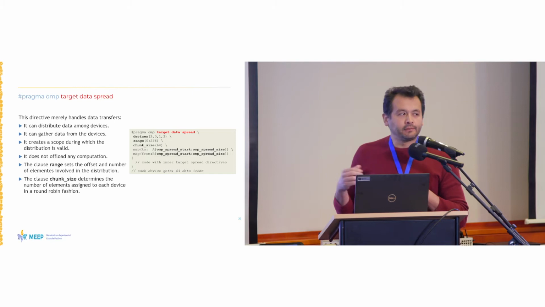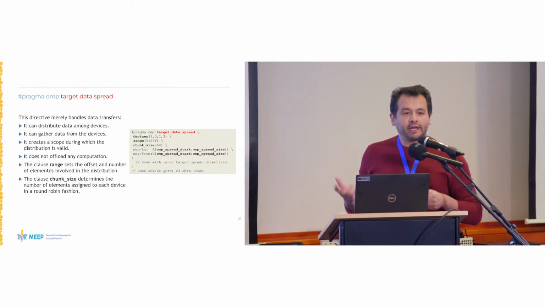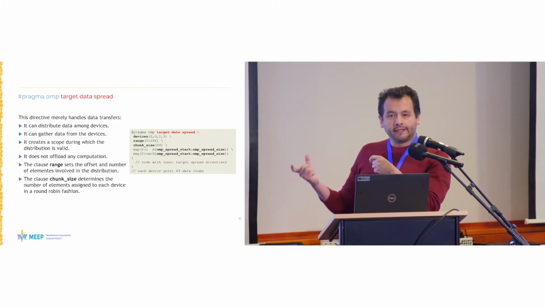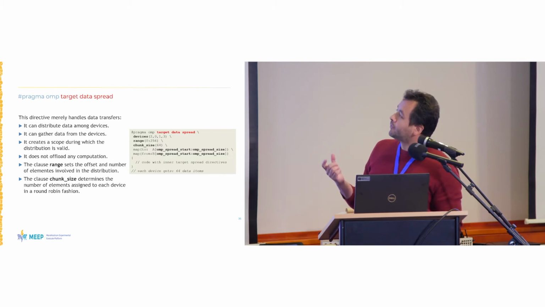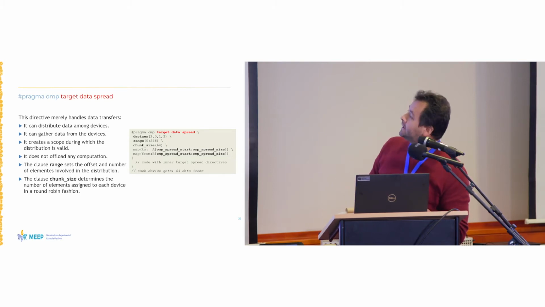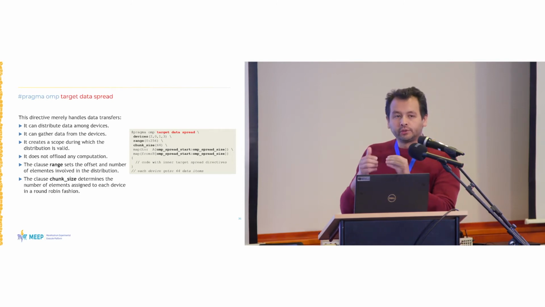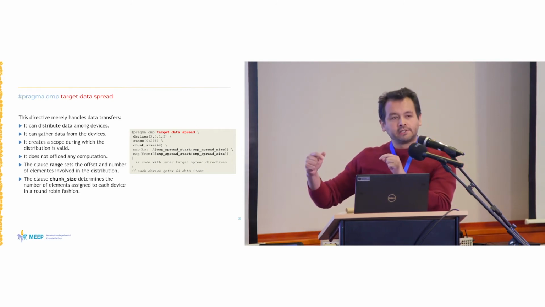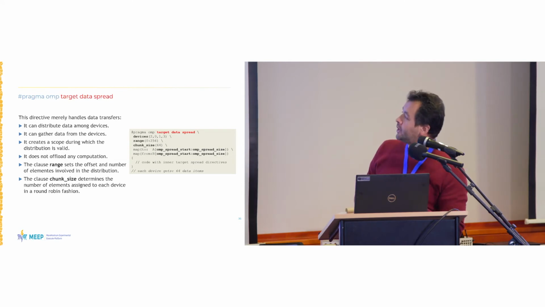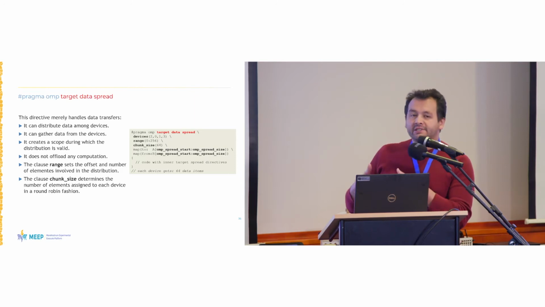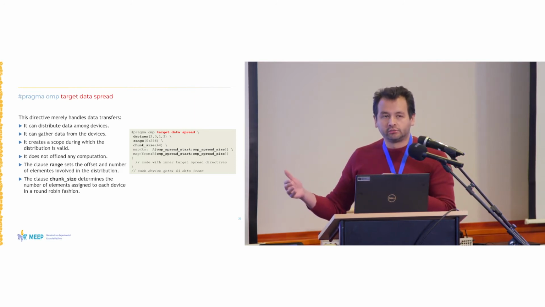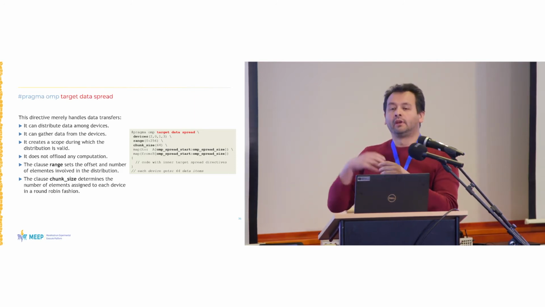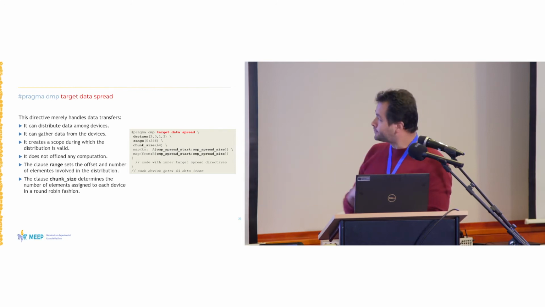This is a data directive that doesn't execute anything in the device. So we have created a new clause called range that allows the programmer to specify the range where we are going to distribute, and a new clause called chunk size that specifies how big these chunks are. The strategy is the same, round-robin fashion.